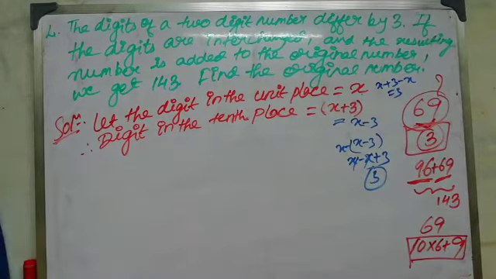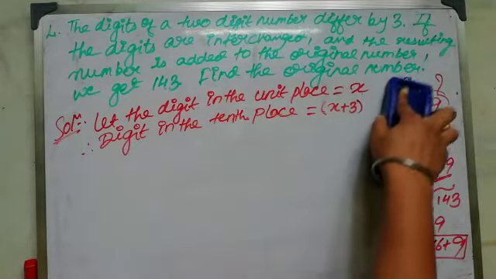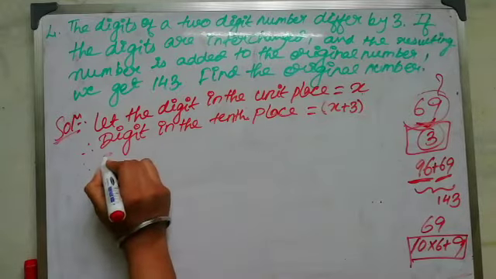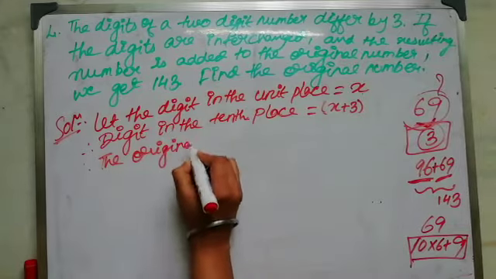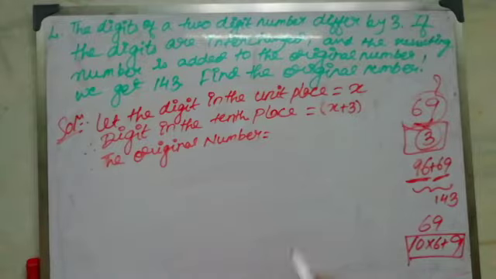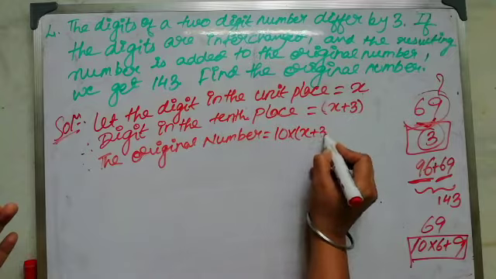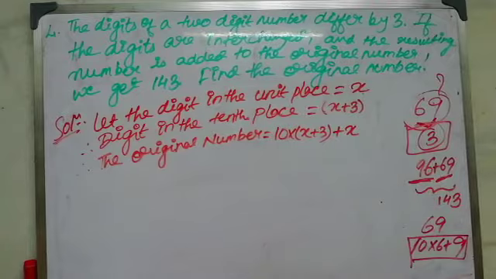So you can write either x plus 3 or x minus 3, but just keep in mind whatever you are assuming. Therefore, the original number is the digit in the tens place multiplied by 10, plus x multiplied by 1, which gives x. Fine. So this is my original number.